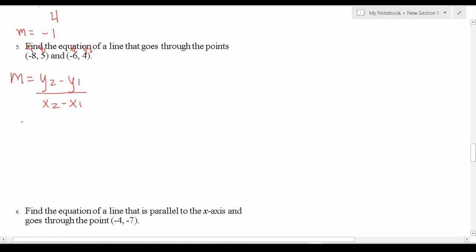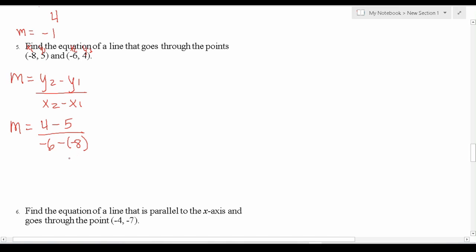We already labeled those, so it's just a matter of plugging things in. Y2, as we can see, is 4 minus y1, which is 5. Our x2 is negative 6, and our x1 is negative 8.